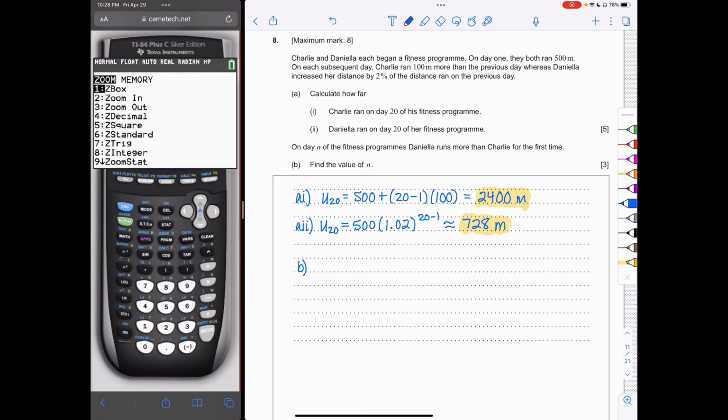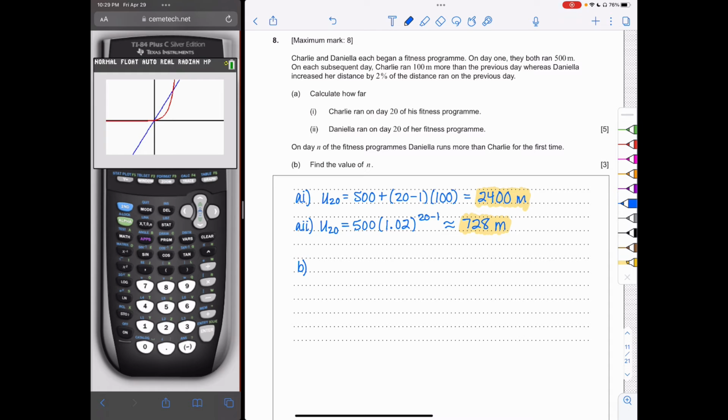All right, so now finally I should be able to zoom out one good time and I should see where it crosses. So I see where it crosses there.